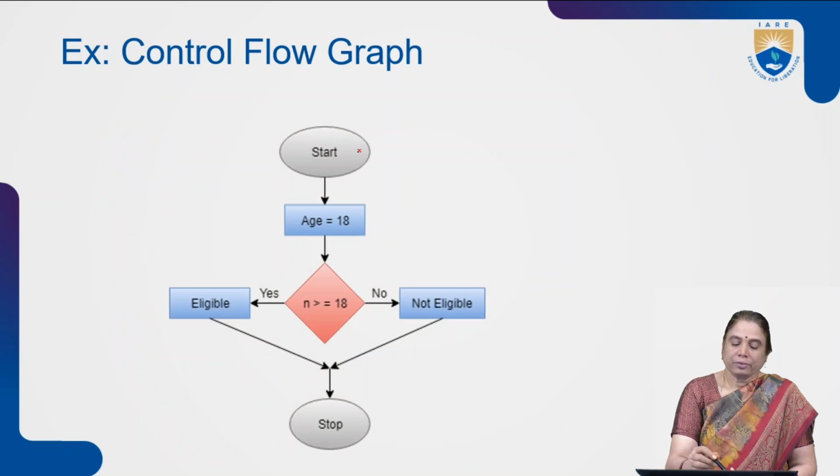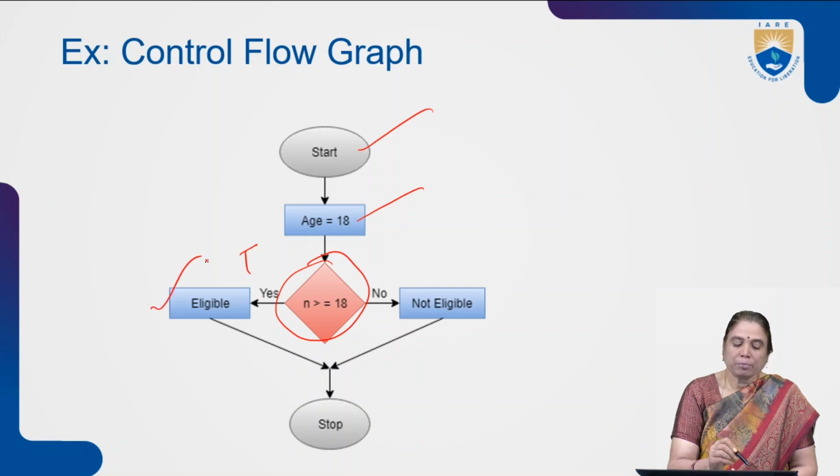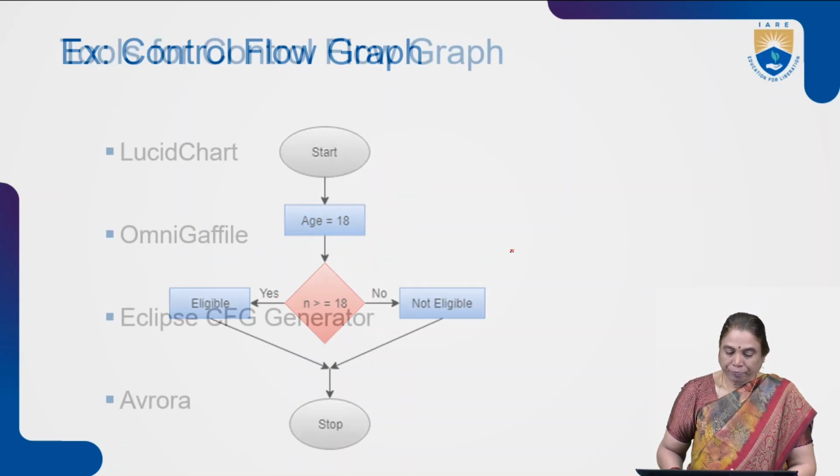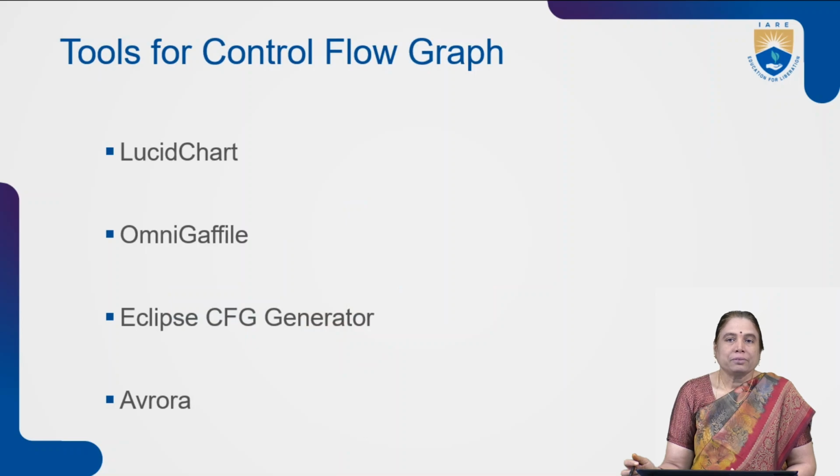So for that, this is the start, and taking the age as input and checking here whether the age is greater than or equal to 80. If yes, the true path is eligible for voting. Otherwise, the false path is not eligible for voting. So like this, the control flow graph can be constructed to identify the independent paths of the program.